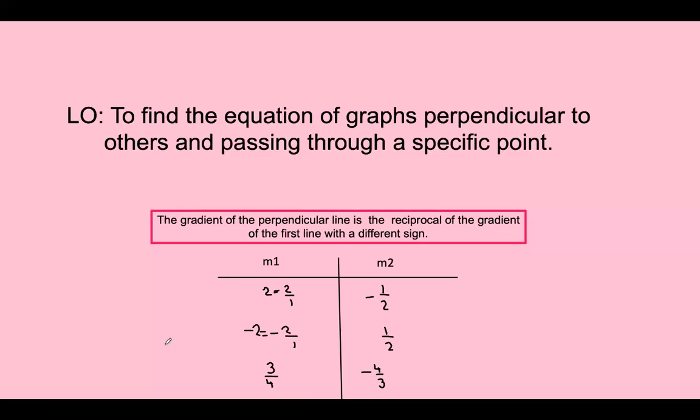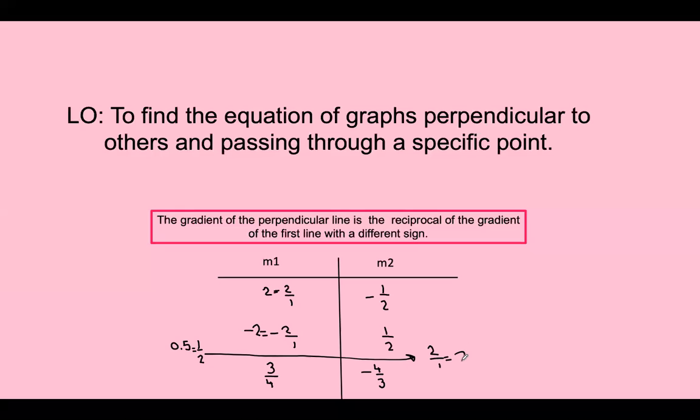What if the gradient, for example, is a decimal number? What if it is 0.5? Then again, you can change this to a fraction. 0.5 is the same as 5/10 or 1/2, right? And so the reciprocal of 1/2 is going to be, I'm going to do a little line here so we don't mix the numbers with each other, 2/1 or simply 2.